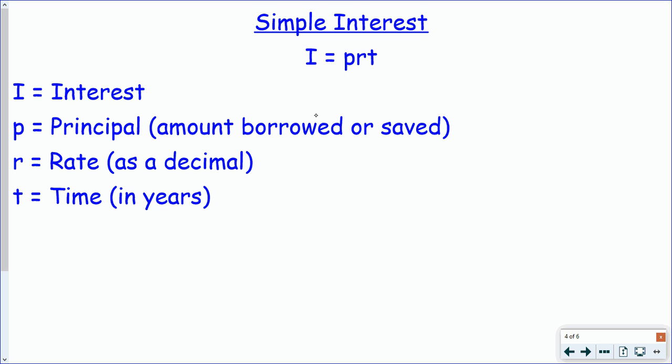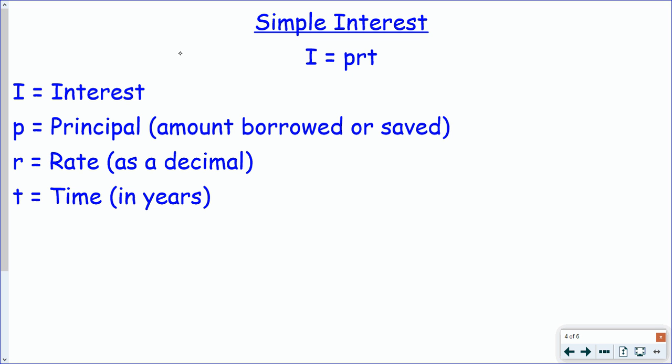All right, so shifting gears here, simple interest. So simple interest is either money that you pay or money that you earn for lending money.